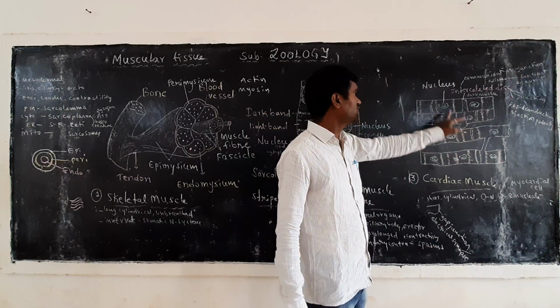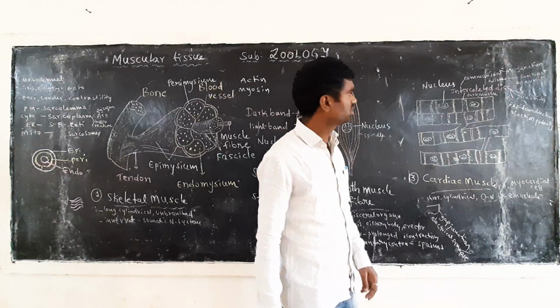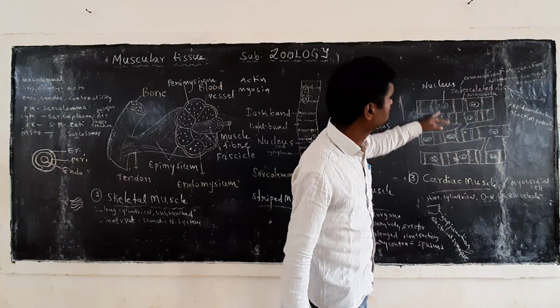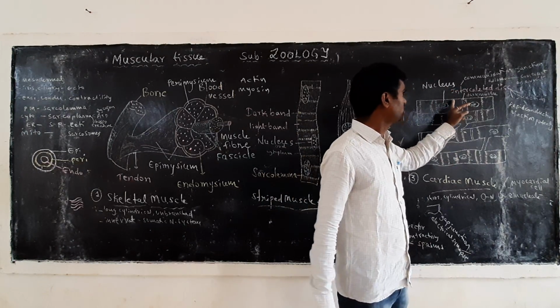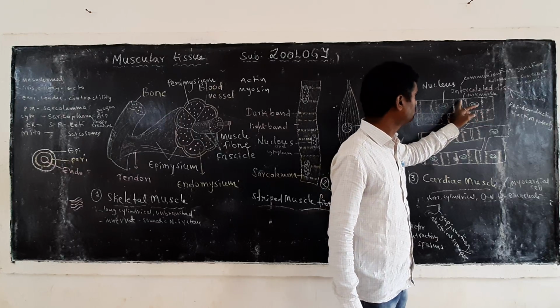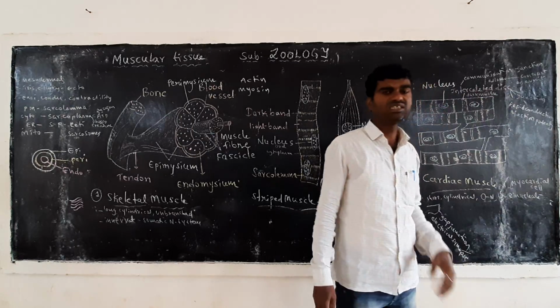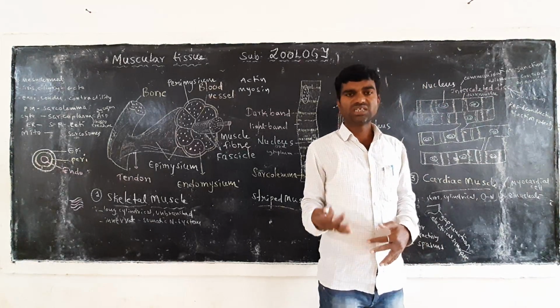This cardiac muscle contains a nucleus, and between one cardiac muscle tissue and another muscle tissue, the intercalated disc is formed. The dark muscle tissue is called the intercalated disc.